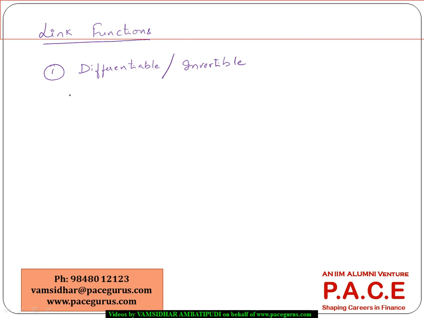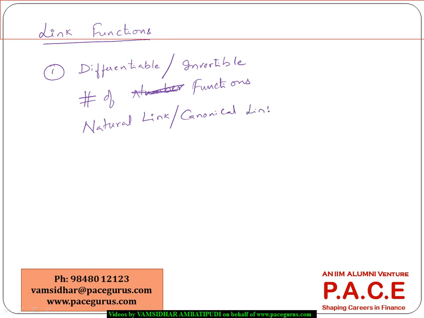And there are a number of functions that could be more and more appropriate as link functions. But for each distribution, the natural link function, or the canonical link function as I call it, is where we see g of mu as the theta of mu.